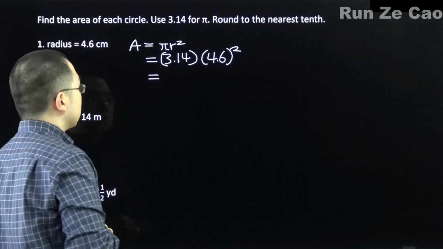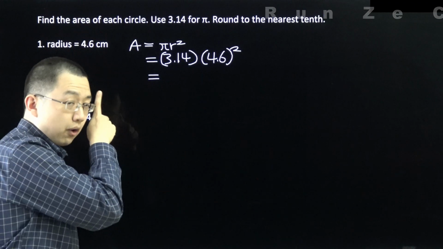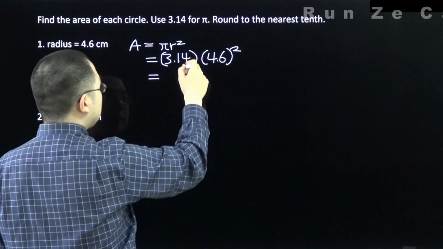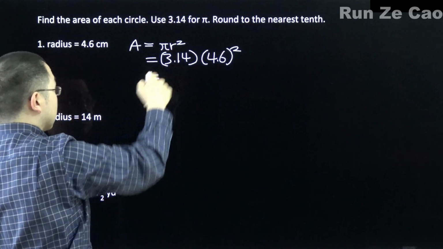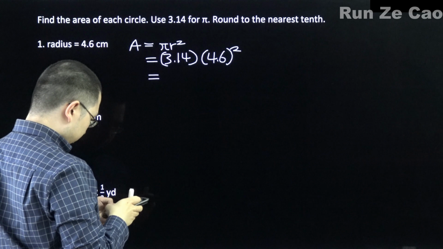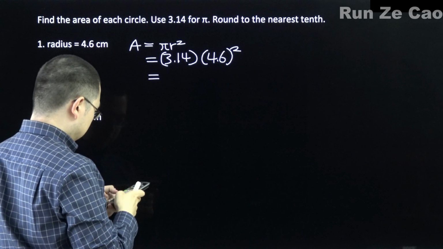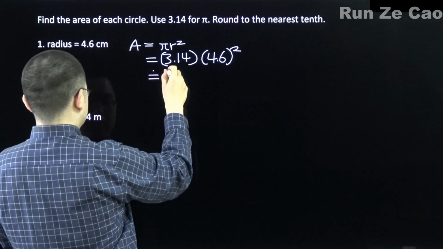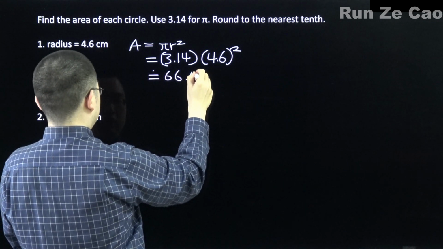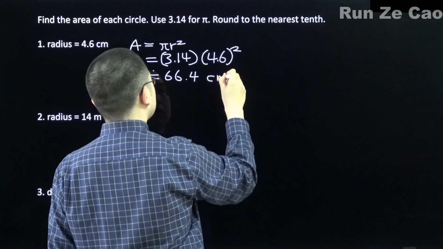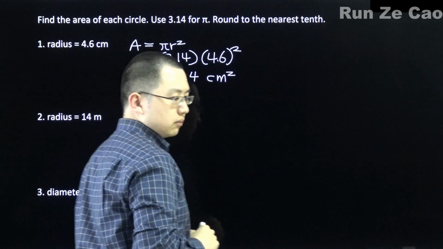Because it said use 3.14 for pi, we didn't have to make a statement of 4.6 squared times pi. We could just substitute right in, so 4.6 squared times 3.14. This is approximately 66.4. That's the nearest tenth, and this is centimeters squared.